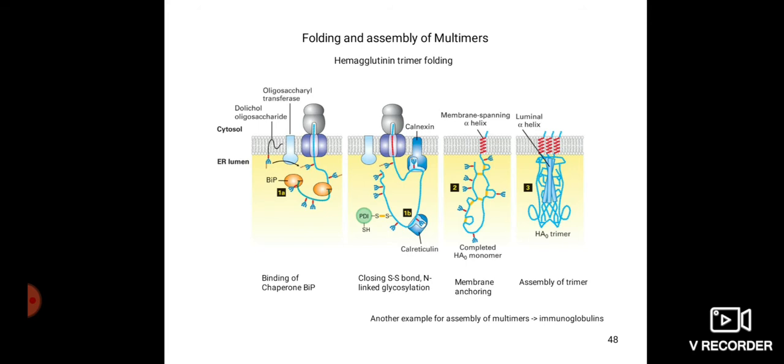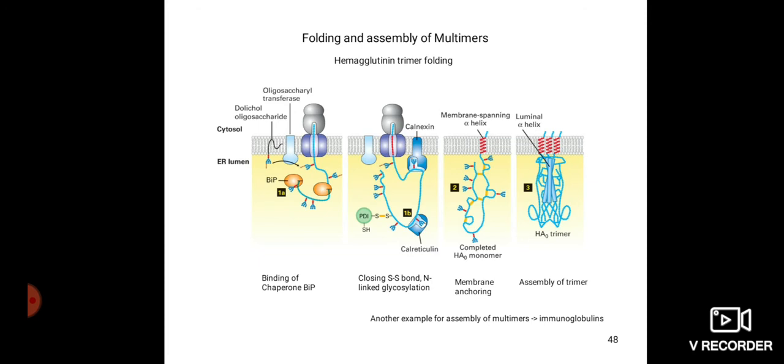First the synthesis of the membrane protein takes place, and then initial glycosylation happens within the endoplasmic reticular lumen, followed by that it gets inserted into the membrane.